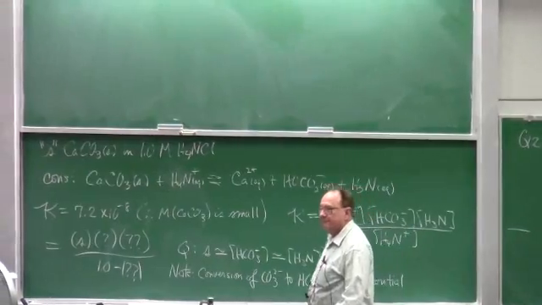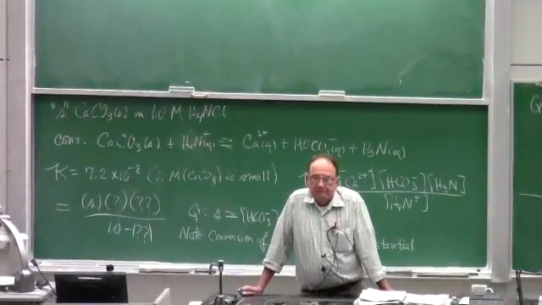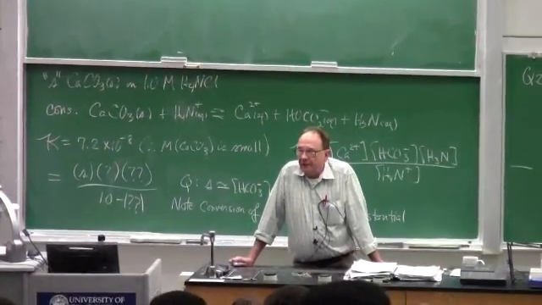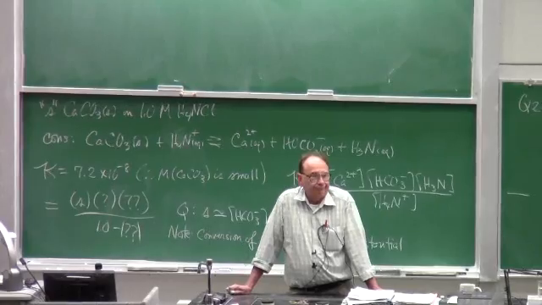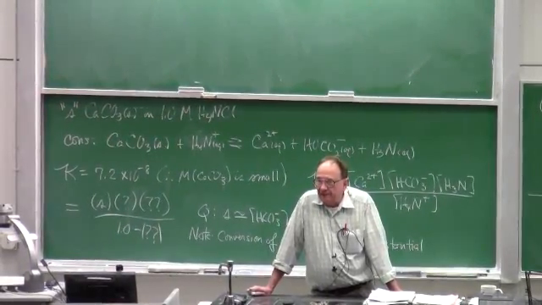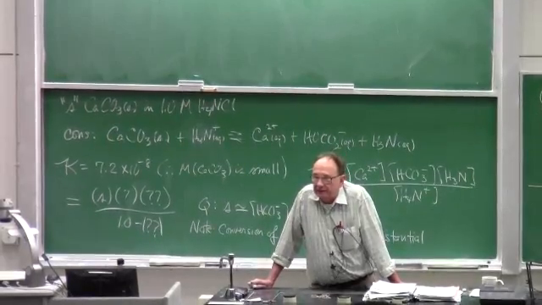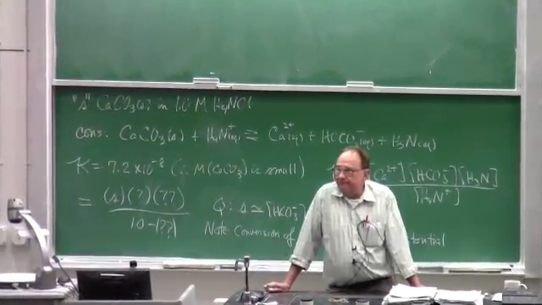With that, we'll take a look at calculating the solubility of calcium carbonate in 1.0 molar ammonium chloride solution. After we do that calculation, based on the results, we'll calculate the hydronium ion concentration for the system.